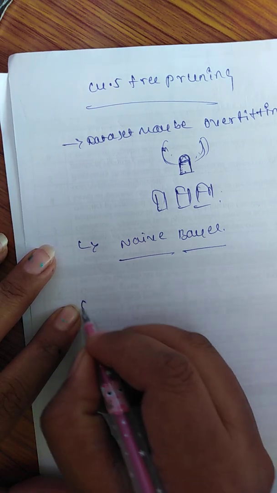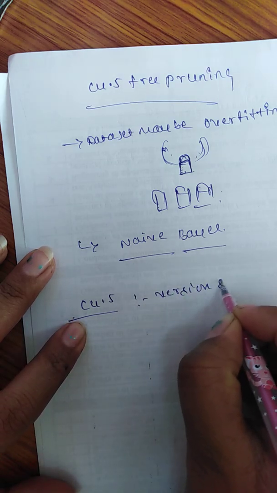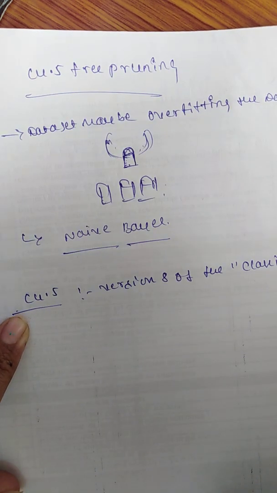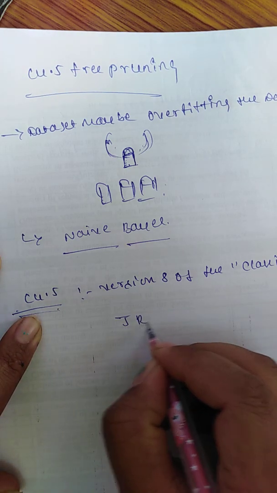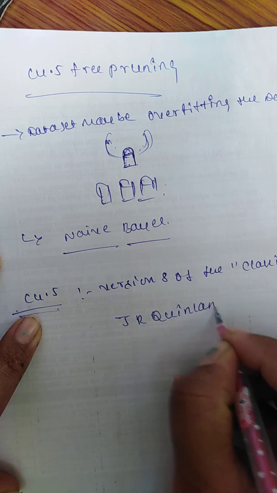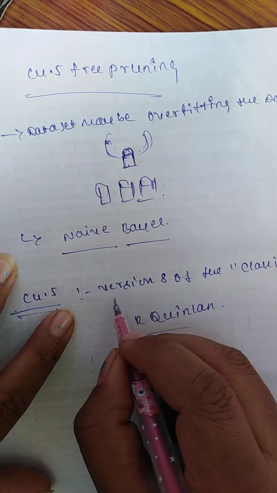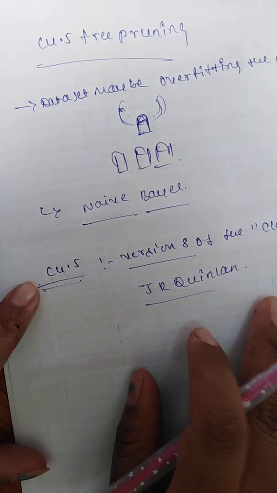This is version 8 of the classic decision tree, and it is a decision tree tool.